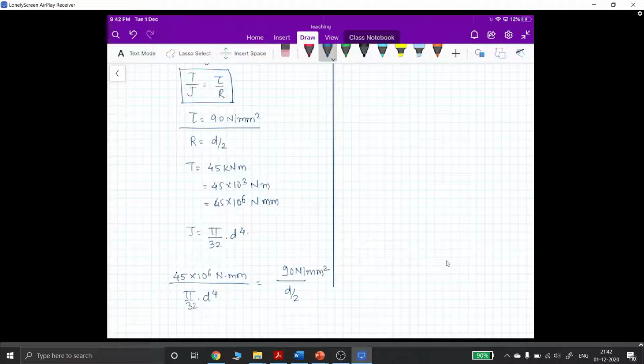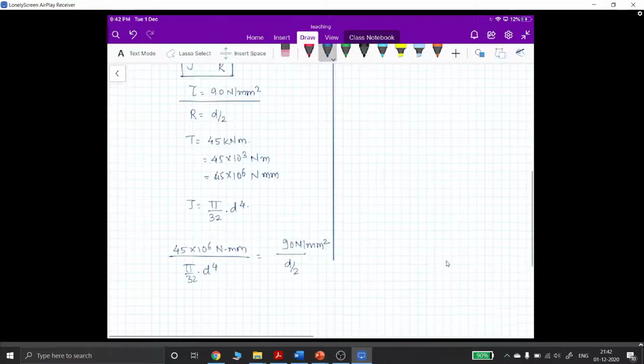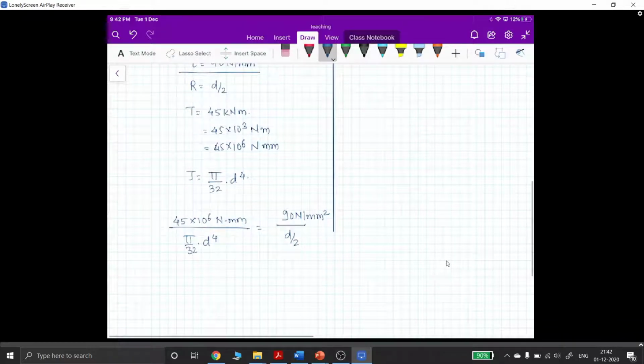All things are in Newton and mm, so if we solve this equation we will get the diameter in mm. Please try to calculate this answer.